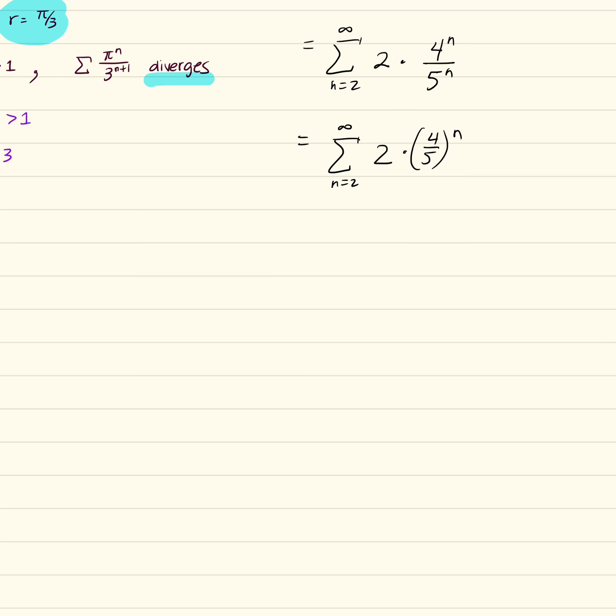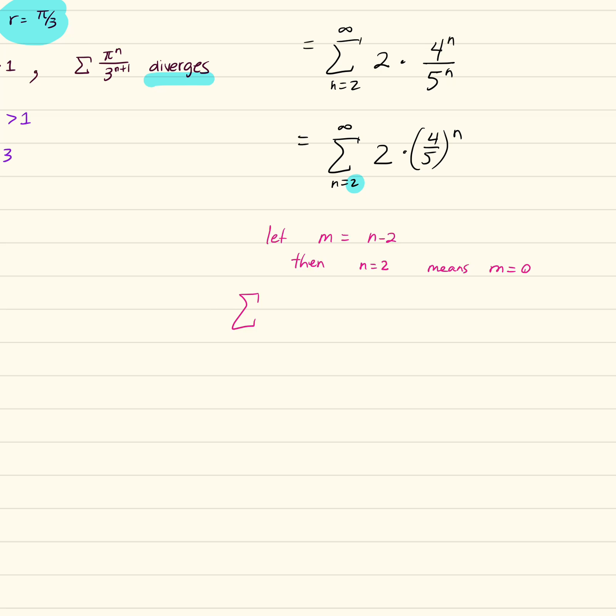So basically what I want to do at this point is I want to change this 2 to a 0. So I'm essentially going to do a substitution. So if we let m equal n minus 2, then n equals 2 if and only if m equals 0, right?